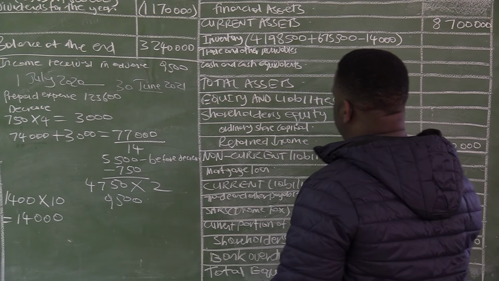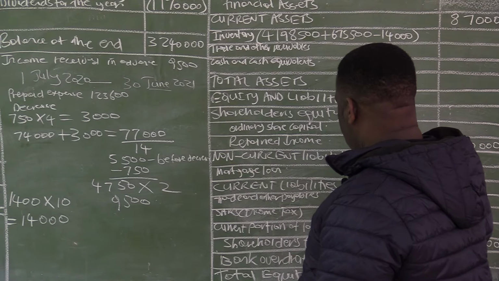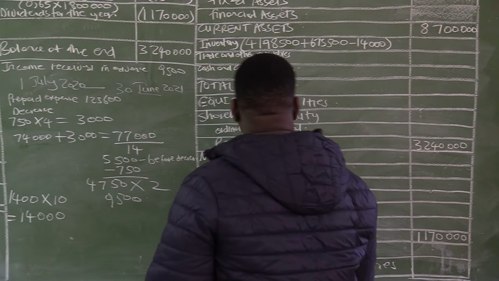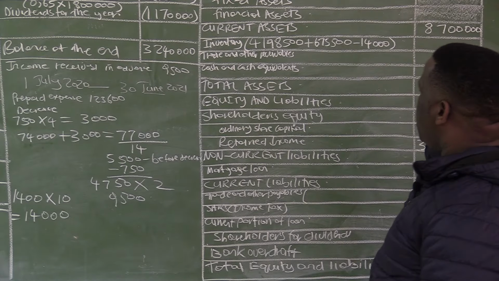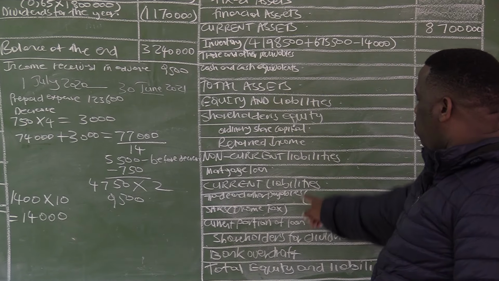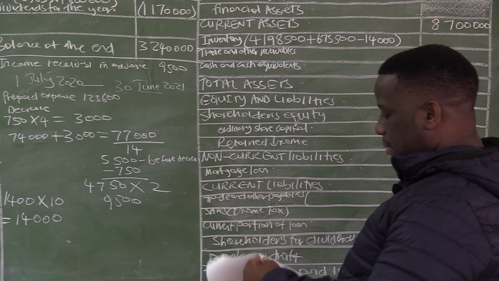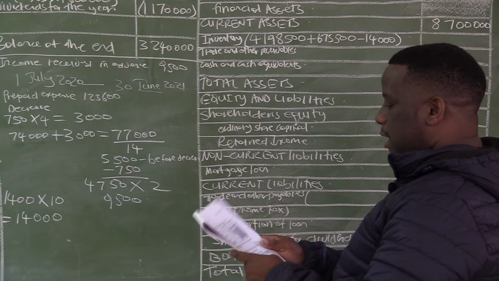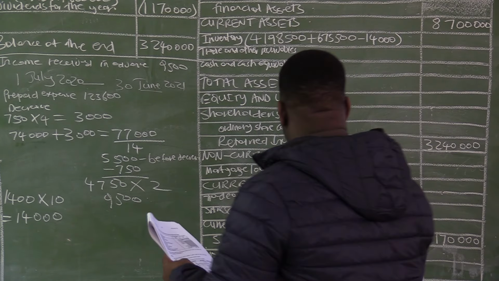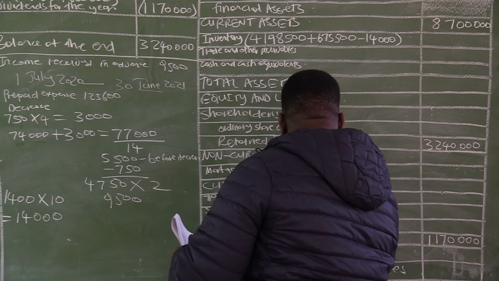And remember, the suppliers fall under current liabilities. The suppliers are our creditors. They will fall under trade and other payables. So we need to take into consideration that we sent back stock to the value of 14,000. Therefore, that should decrease our liability. Let's take our creditors control, which is 1,253,000 on page 4.